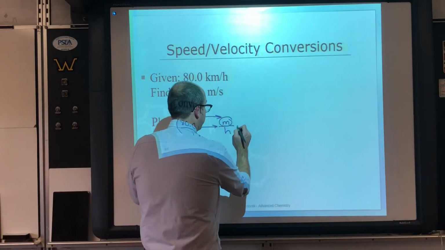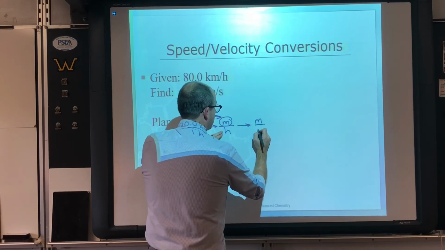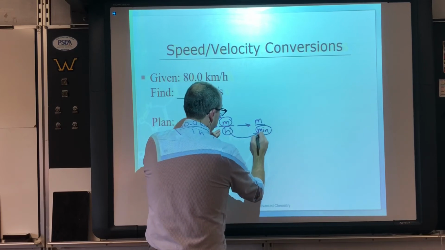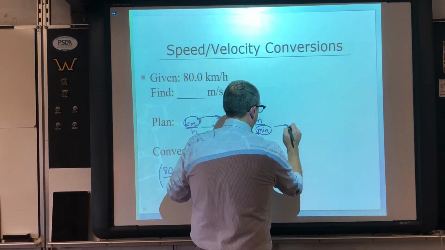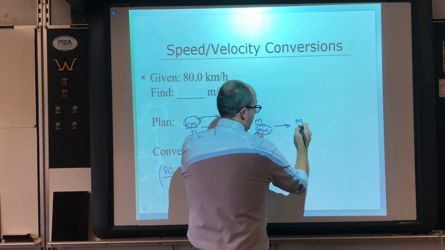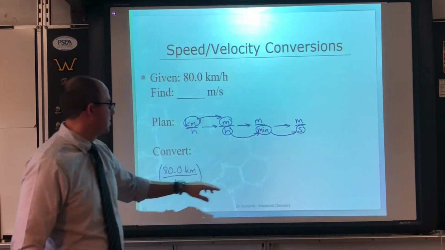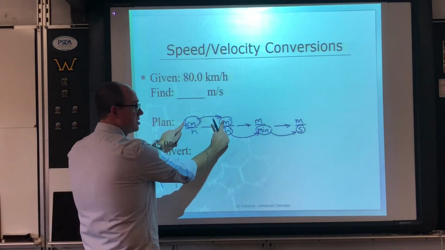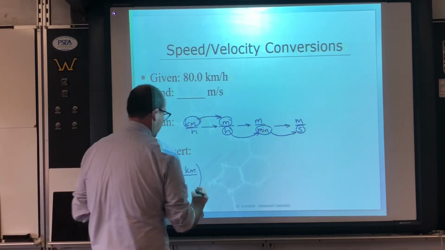Then I start converting the times. Keep meters, but change hours over to minutes. And in the last step, change minutes to seconds. Our conversion factors are based only on what's changing. So the first conversion factor is based only on kilometers and meters, second one on hours and minutes, and third one on minutes and seconds.